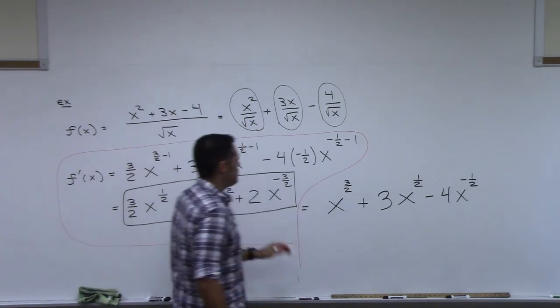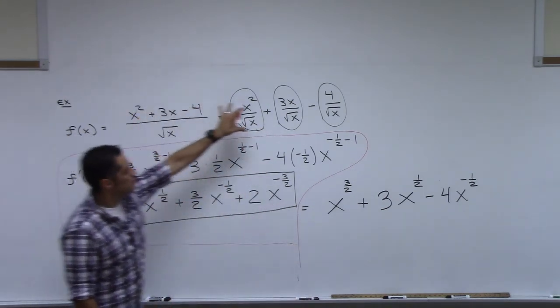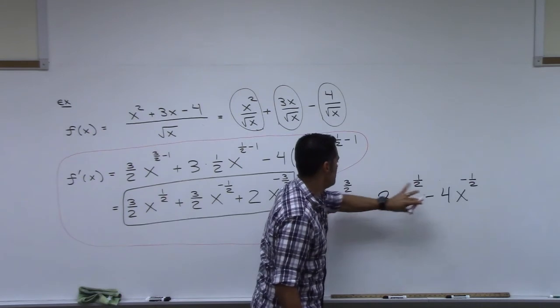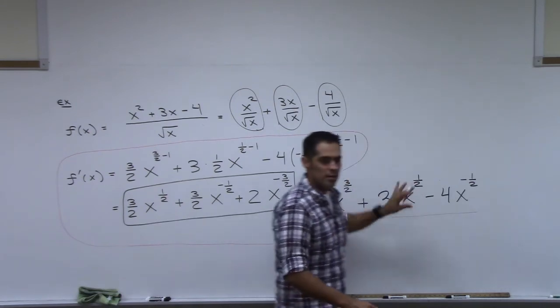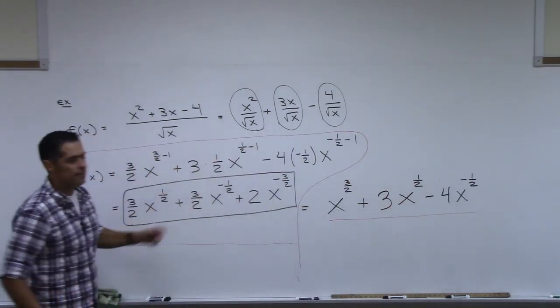This part in red was the part where I did the derivative. Everything else was where I was trying to get the function f right here. This was the function I got to, and I took the derivative of that, and that's here.